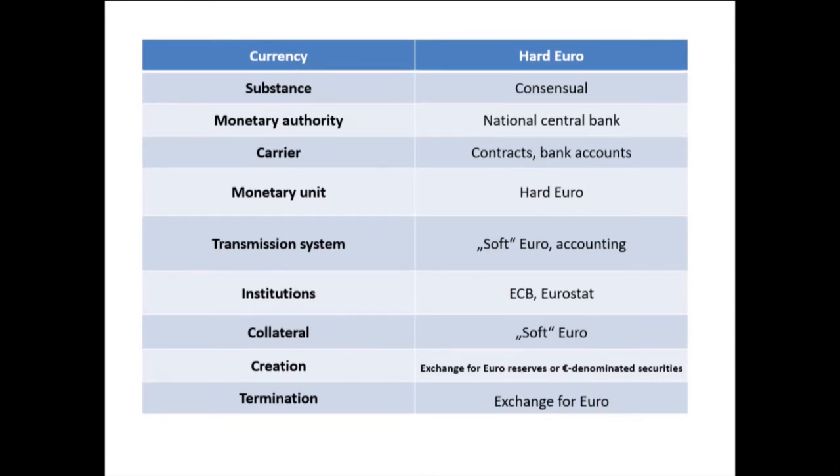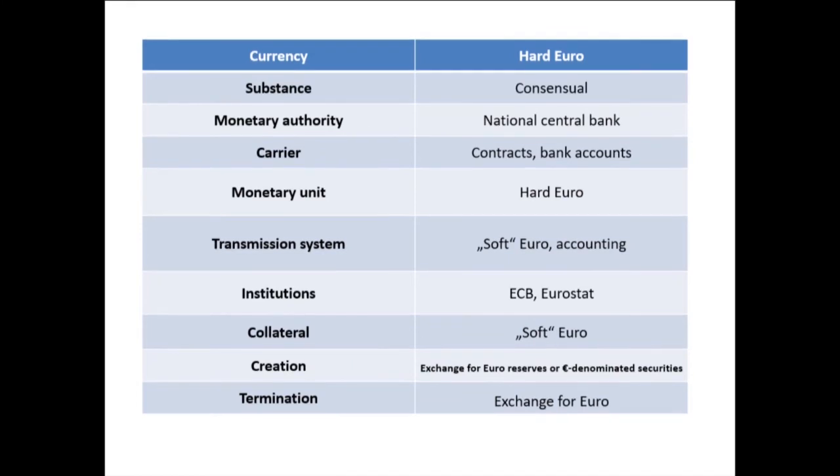In the Eurozone, countries still have their national central banks. So even though there is the European Central Bank, in Germany there is also the Bundesbank, which is in Germany only for Germany. So there is the national central bank.